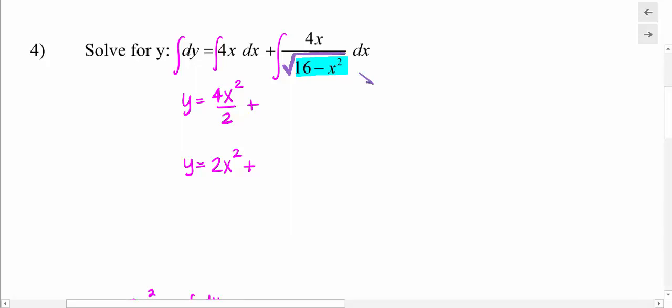So I'm going to let U be 16 minus x squared. And let's just get this to a point where we can integrate it, and then we can pause the video. You can try the integration and see how you're doing with that part. So if u is 16 minus x squared, du is then negative 2x dx, and hopefully that part is decently simple for you.